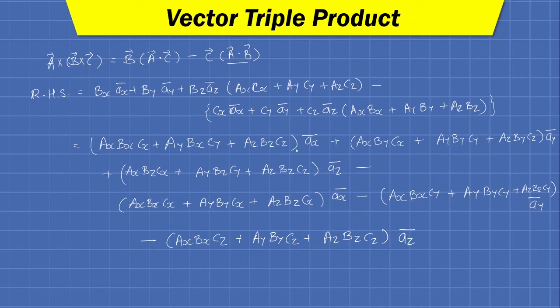Now we will separately operate the coefficients of AX, AY and AZ, and finally we will have AY BX CY minus AY BY CX minus AZ BZ CX plus AZ BX CZ AX bar.